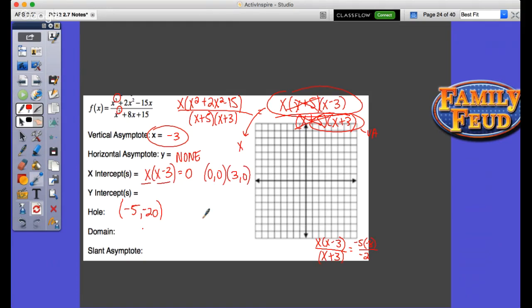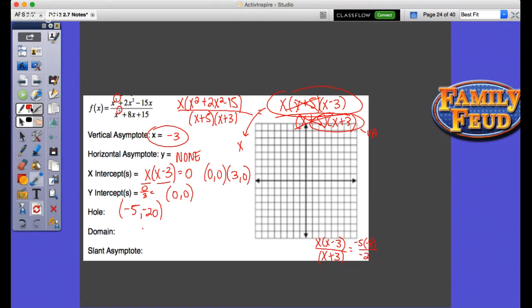Those would be the 2 x-intercepts. For the y-intercept, I go back to the original, and I get 0 times something over 3, and anything with 0 on the top would just be 0. So that would be (0, 0) as my y-intercept, okay?